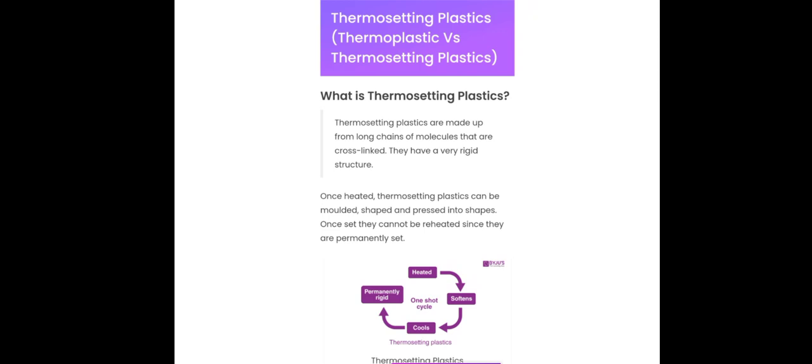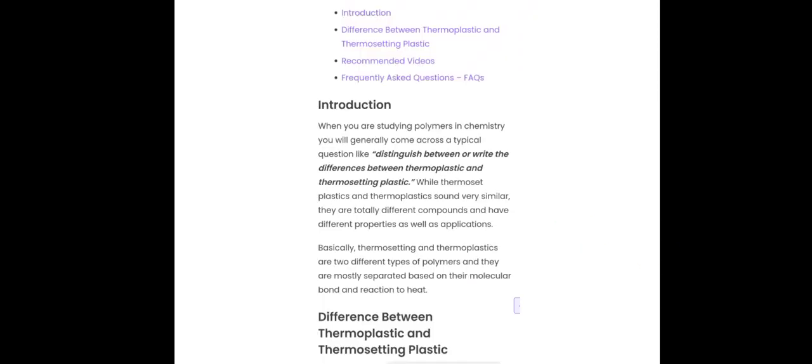That is the second point of thermoplastics. On the other side, we have thermosetting plastics. They are made up of long chains of molecules that are cross-linked, and they have a very rigid structure. That is the second point of thermosetting plastics.